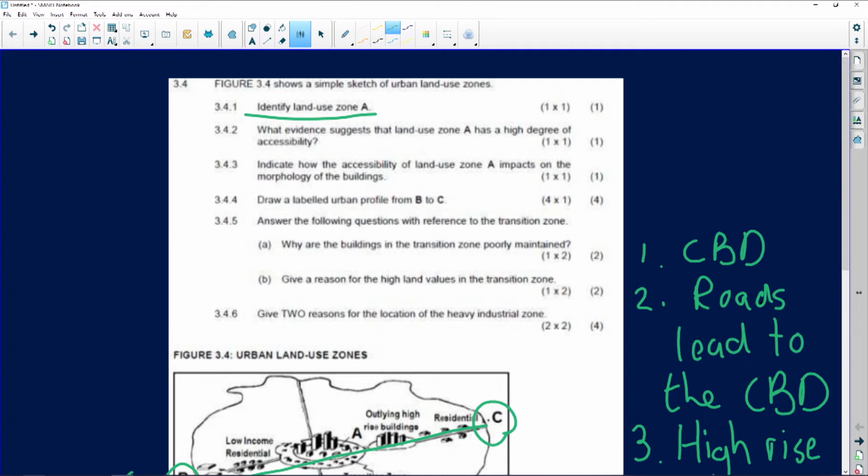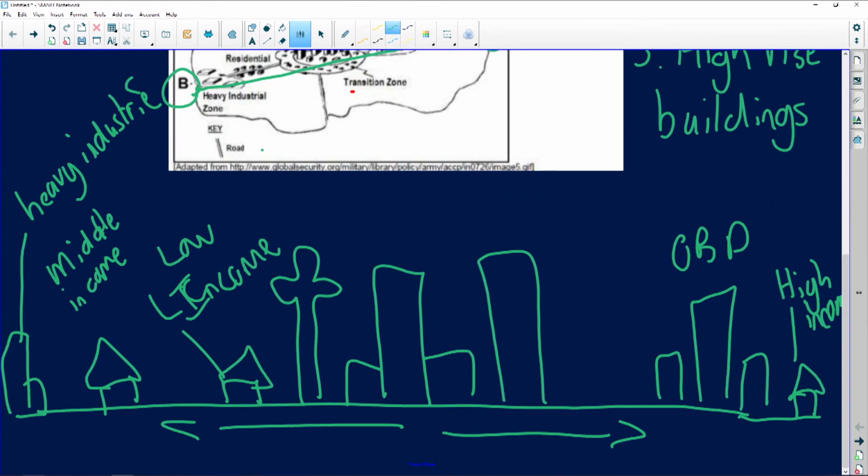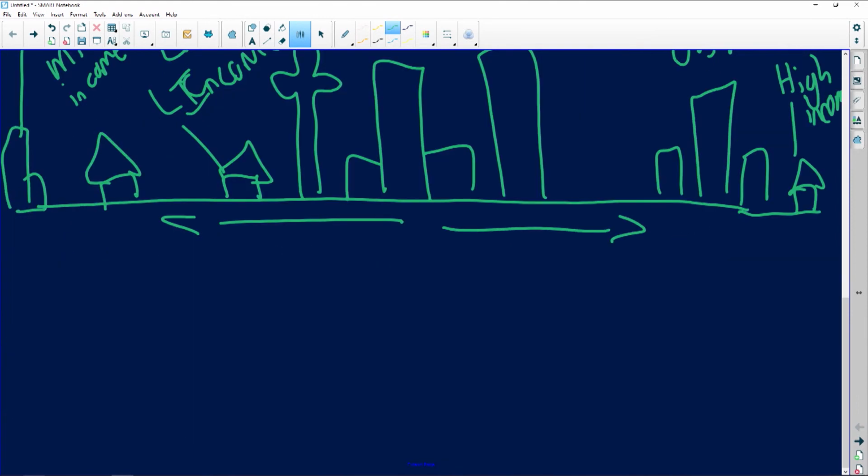Now, if we look at question 3.4.5, answer the following questions with reference to the transition zone. Why are the buildings in the transition zone poorly maintained? Now, if you look at your textbook, they will usually tell you that many of the buildings in the transition zone are dilapidated, meaning they look sketchy, they're not being cared for, and it looks rough.